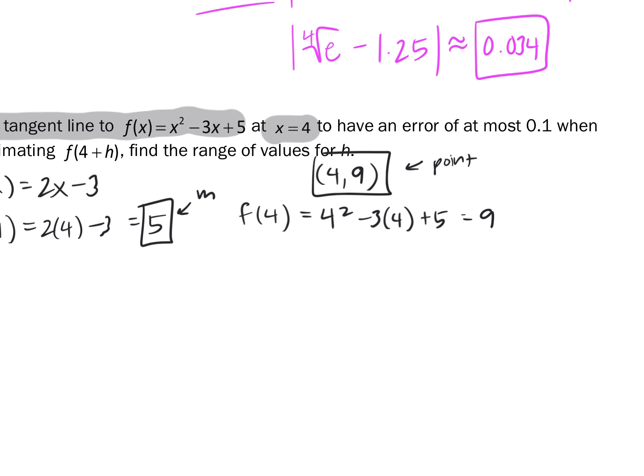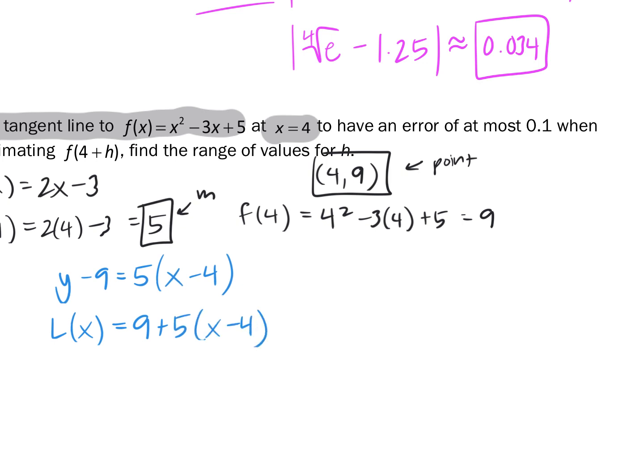And now I can write my equation of my line. So y minus 9 is equal to 5 times x minus 4. Do we all get that? Yep, perfect. And then our linearization would be L of x is equal to 9 plus 5 times x minus 4. Okay, that is my linear approximation formula of the tangent line to that point at 4.